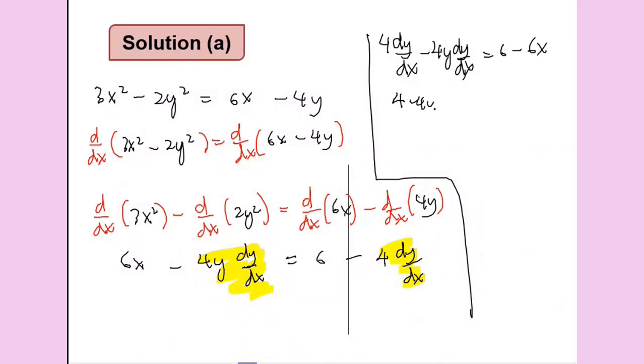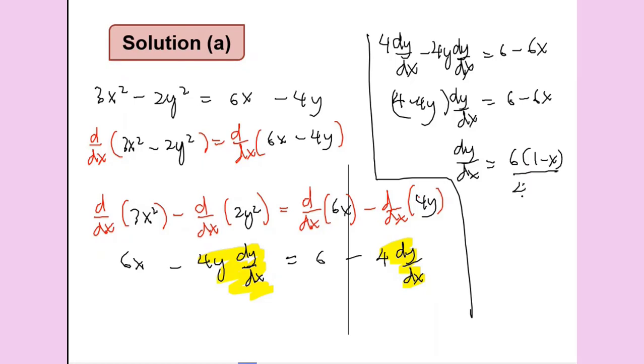Leave dy/dx first. Then dy/dx is equal to 6(1 minus x) over 4(1 minus y), and is equal to 3(1 minus x) over 2(1 minus y). Okay, done. Check answer. Okay, correct.